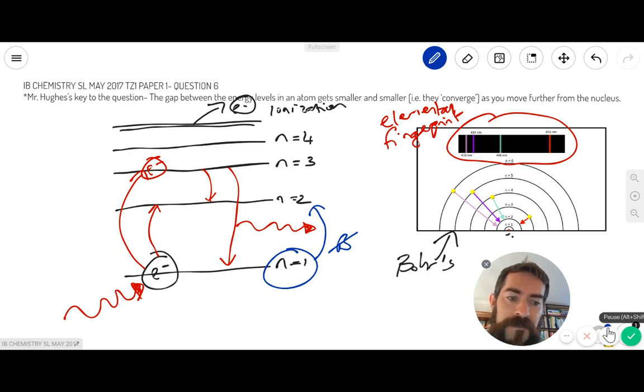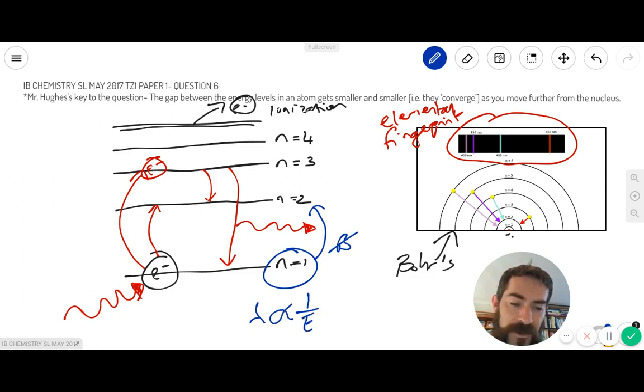We just need to figure out which one is going to release the least amount of energy, because this question is asking us to figure out which transition will give radiation with the longest wavelength. So you do need to remember from junior physics the relationship between wavelength and energy. Wavelength is inversely proportional to energy.